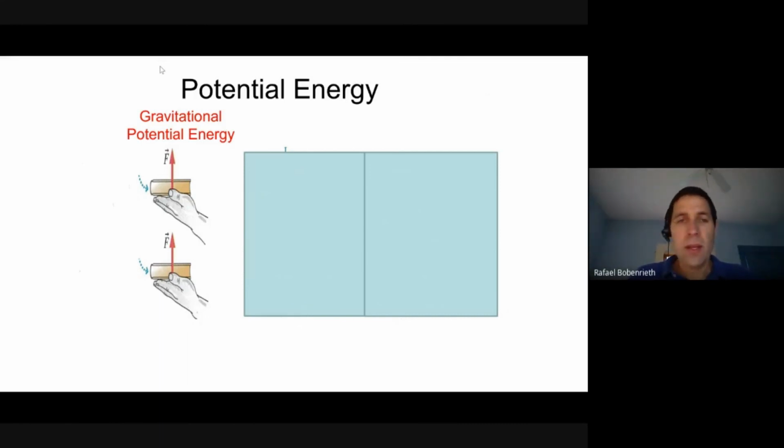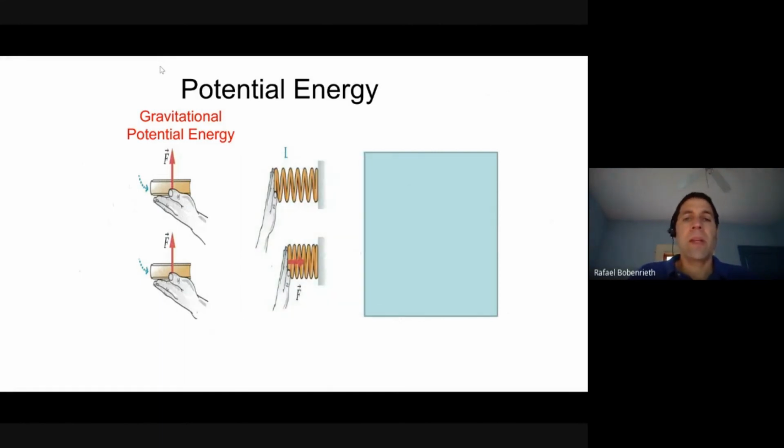Good. Let's look at this middle scenario. In the top picture, I have a coiled spring, and let's say that coiled spring is basically undisturbed. It's at its natural equilibrium position. No potential energy, no Hooke's law force on it. Then I take my hand and push it to the right, and I compress that spring.